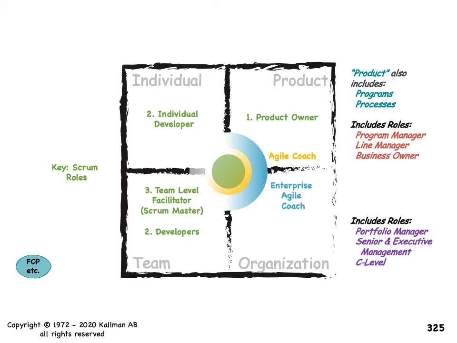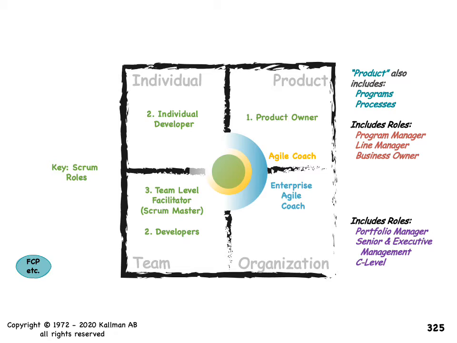Now, the green dot in the middle primarily represents the Scrum Master, a little bit the product owner, but primarily the Scrum Master, in that a Scrum Master should be able to work in and work with all four of these areas. Scrum Masters need to work with the team members individually, the teams as a team, the product owners, as well as a little bit with the organization in helping to coach the organization on best agile practices.